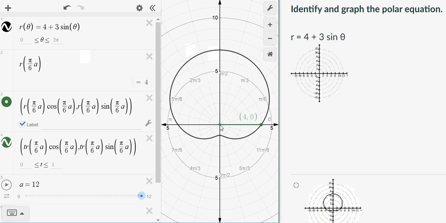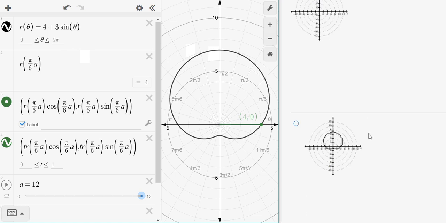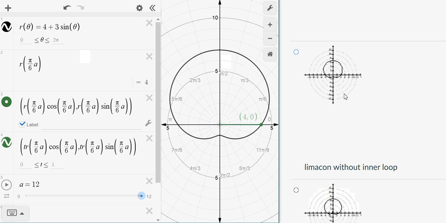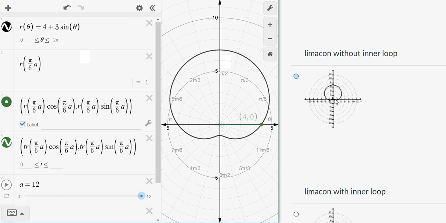And then you can see here, this intersection is not really on the origin. It is below the x-axis. Now check the picture. This intersection is not on the origin. This one is on the origin.